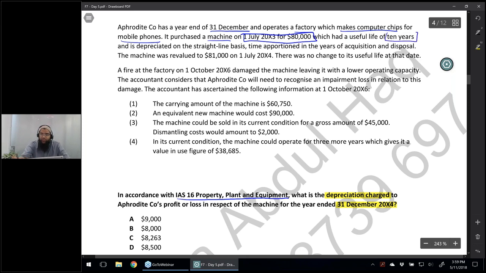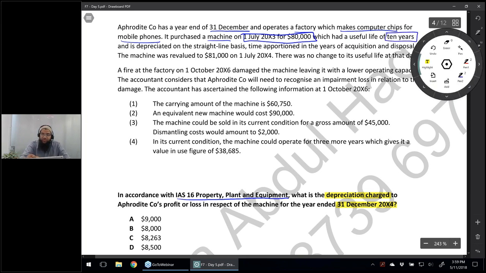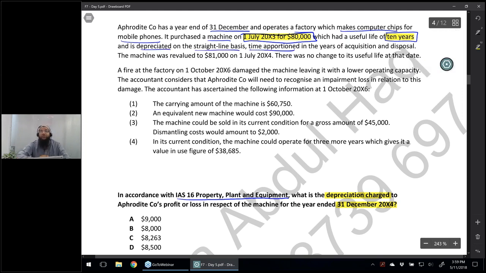Now these two values are important, that we have purchased on July 20x3 for 80,000 with a useful life of 10 years and is depreciated on the straight line basis, time apportioned in the year of acquisition and disposal. The machine was revalued to $81,000 on 1st July 20x4.